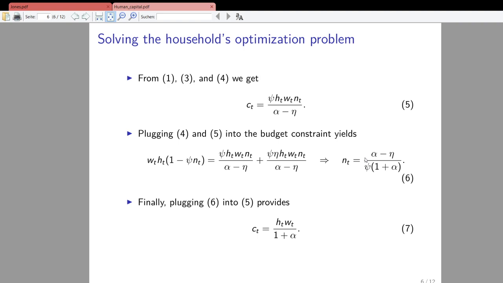Now we can plug this back into equation 5, into the fertility expression here, such that we can compute equilibrium consumption, optimal consumption expenditures, and we see they also increase with income of households. And we see that education expenditures and consumption both increase with income of households, but fertility stays constant.